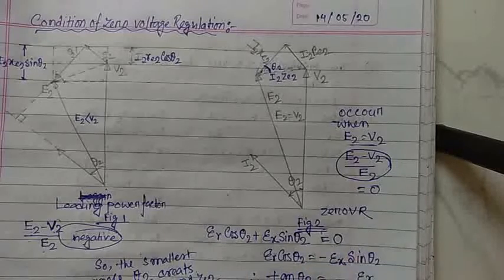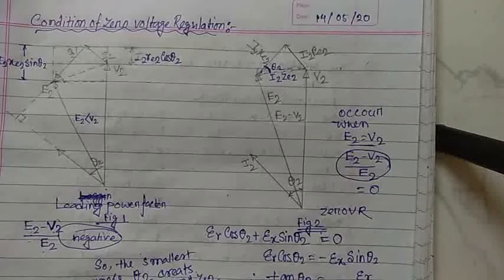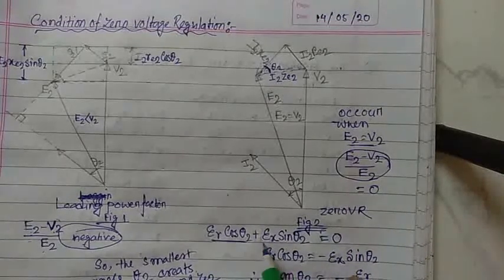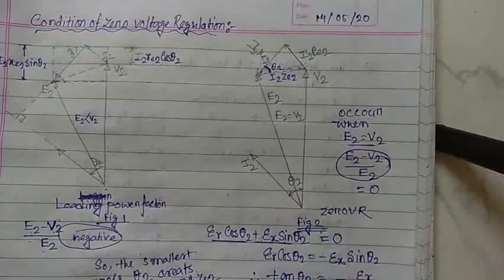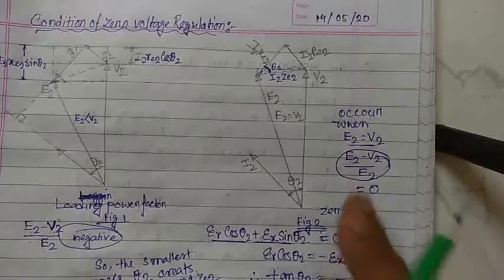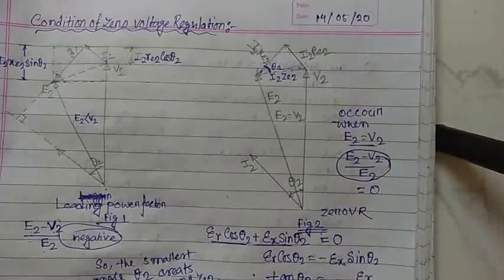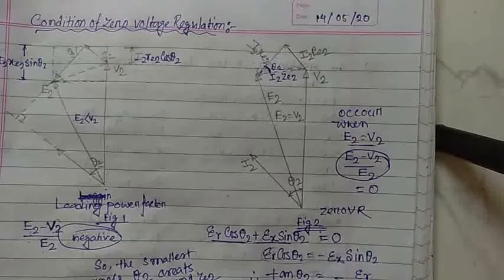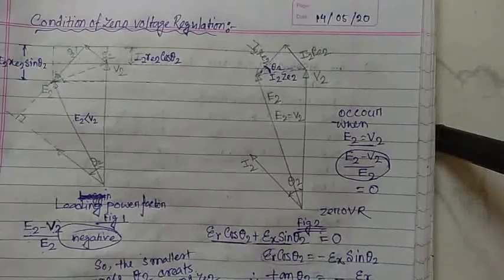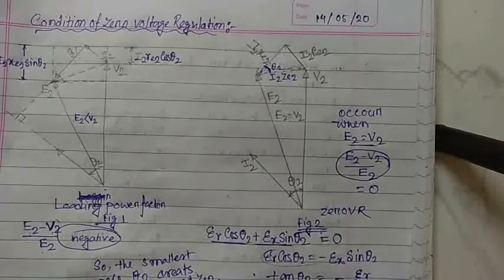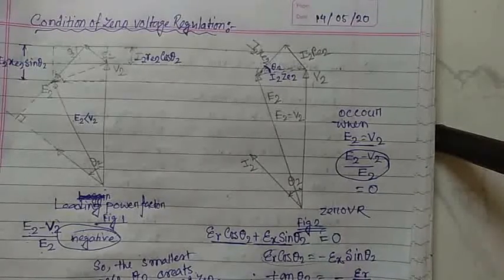we discuss the voltage regulation equation, that is epsilon r cos theta 2 plus epsilon x sin theta 2, which is equal to 0 for zero voltage regulation. From this we can write tan theta 2 equals minus epsilon r by epsilon x.